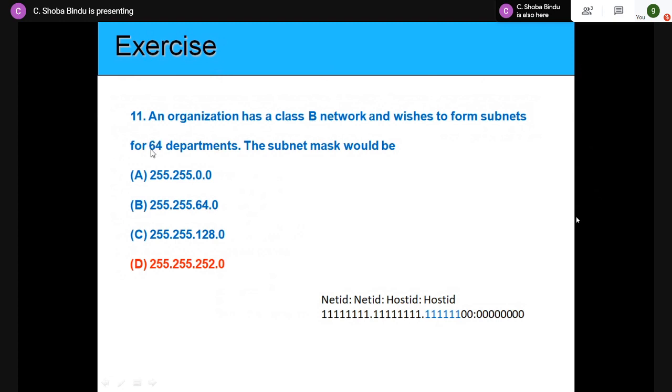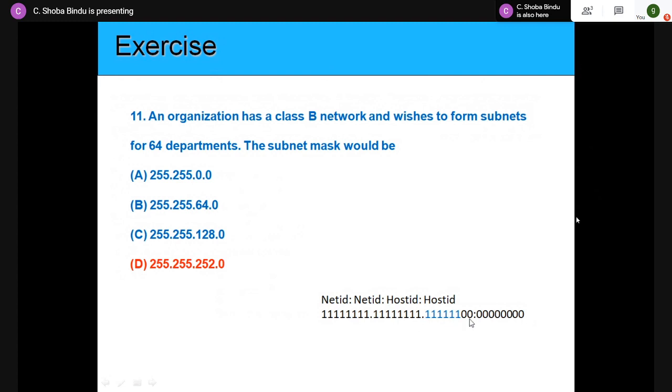When you want to represent 64 departments, the most significant bits of this third byte will be used to represent the subnetworks. 6 bits are used to specify the subnetworks, and the remaining will be used to represent the hosts within this subnet.